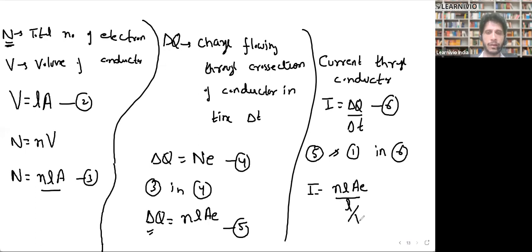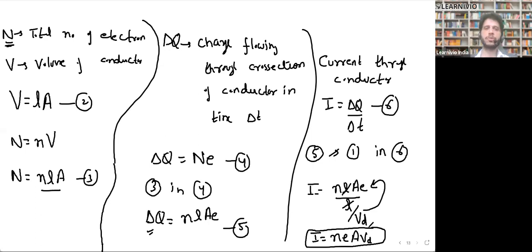This Vd will come to the numerator, L will cancel this L, and you will get your current is neAVd. So this is the relation between current and drift velocity. I is neAVd. You can say that current is directly proportional to drift velocity.